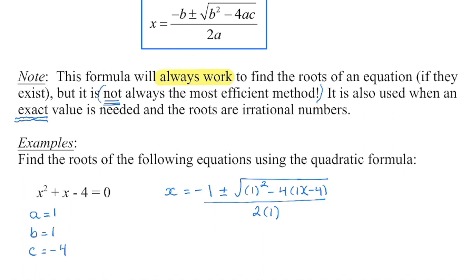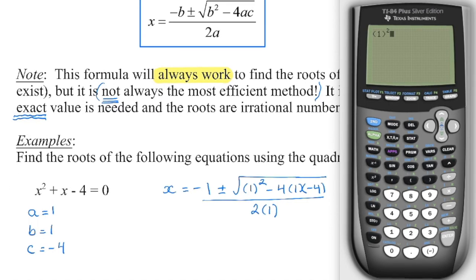All right, once we've got everything substituted in there, we need to simplify it, and we're going to begin by simplifying the radicand. So in your calculator, you can type in exactly what you see underneath that radical sign. I pulled my calculator into the screen here, and what I'm going to do is just type what I see in this radicand in.